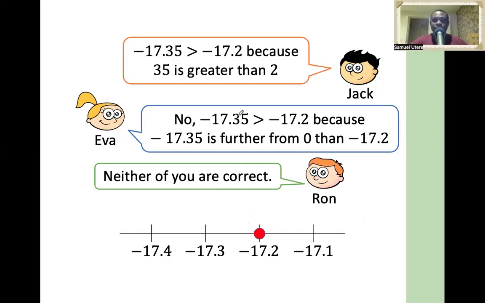So negative 17.35 might look big, but it should be here, because it looks bigger without the negative, but because you have the negative in there, it's actually smaller. So it should go further left of negative 17.3. Can you see why Ron is correct? Neither of them is correct. Negative 17.35 is further left on the number line, so it is actually less than negative 17.2.